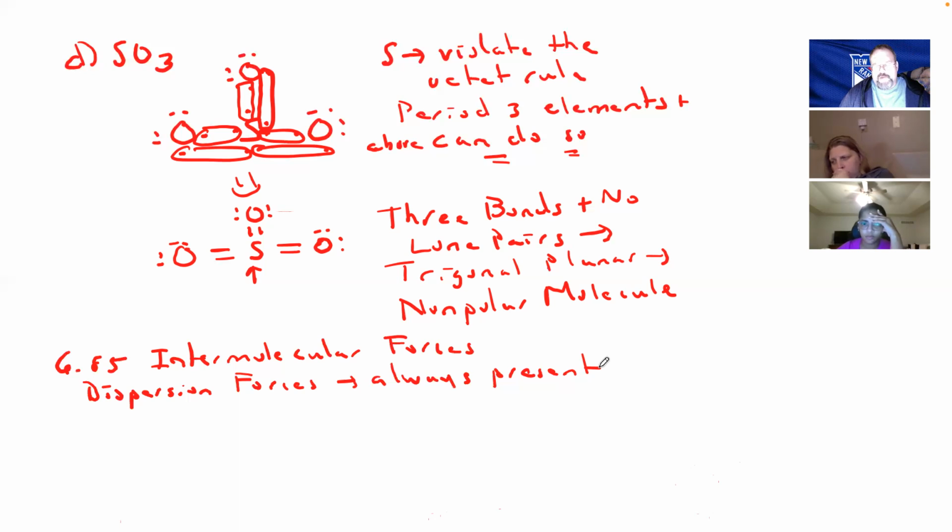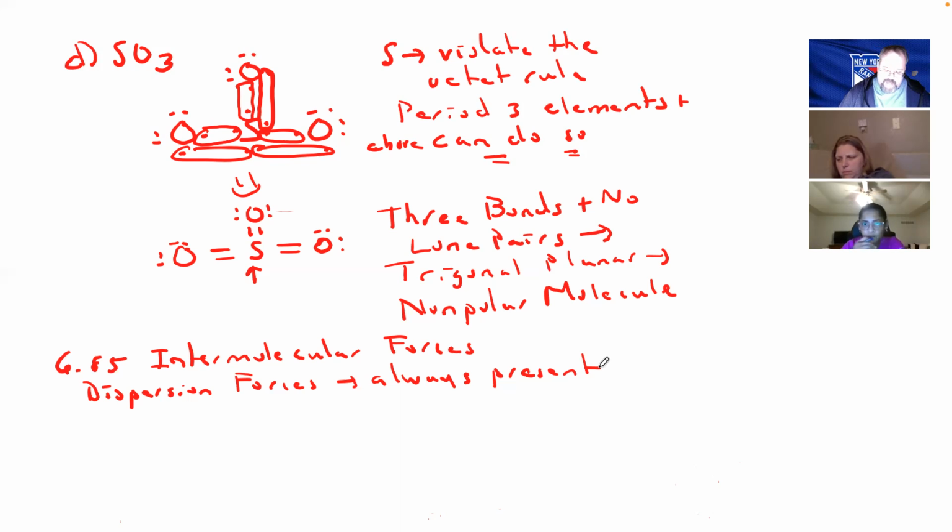Covalent compounds are made up of molecules of that compound. A sample of water has millions and millions of water molecules, and there are forces that hold those molecules together. One thing that's always present, no matter what type of covalent compound you have, is dispersion forces.